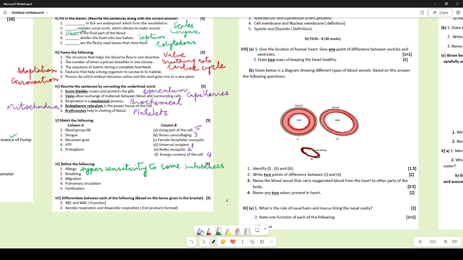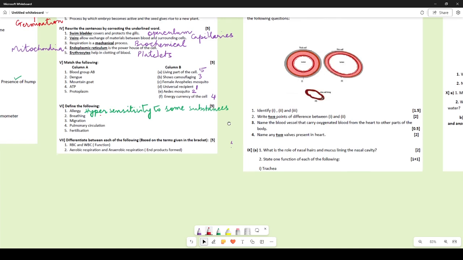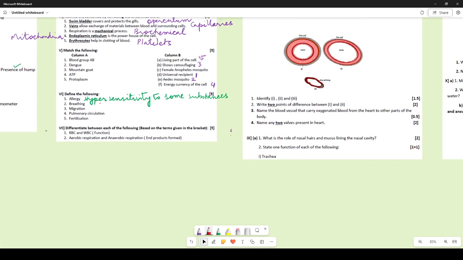Now let us talk about breathing. What is breathing? Breathing is inhalation. Let me write it over a little bit underneath it so that we get more space. So what is breathing? Breathing is taking in oxygen rich air and giving out carbon dioxide rich air.